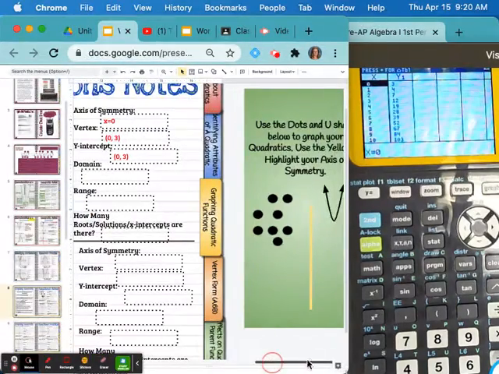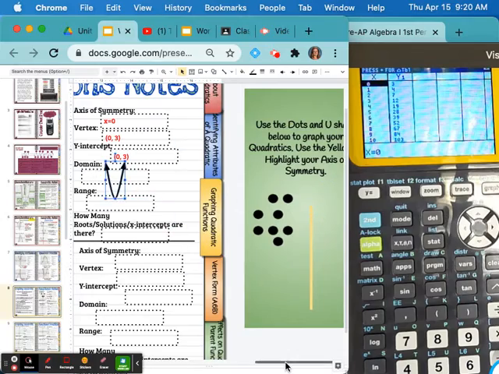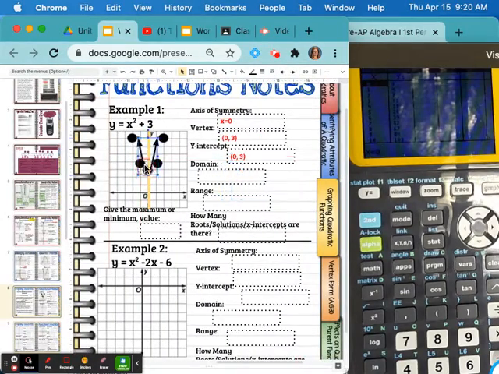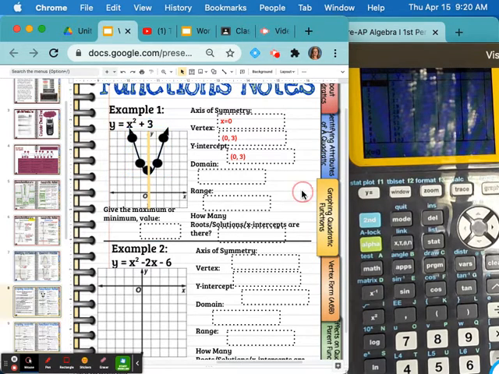And then grab the little parabola. We're going to make that parabola follow those points as best as you can. It's not going to be perfect, but not too bad. There we go.